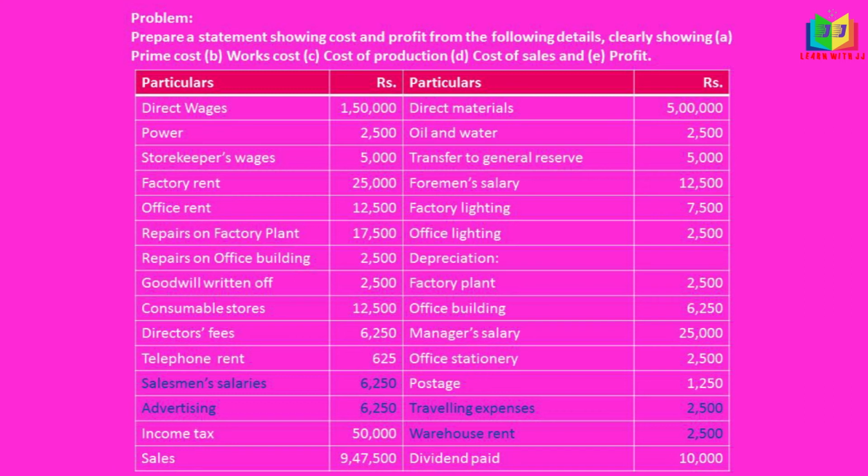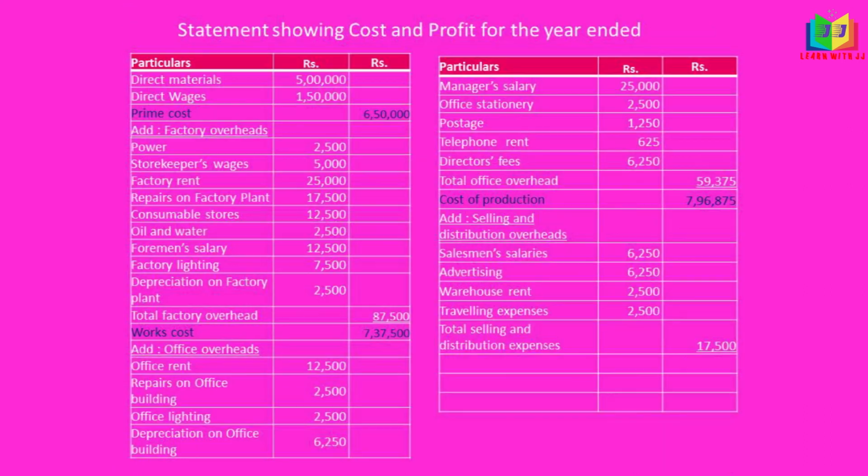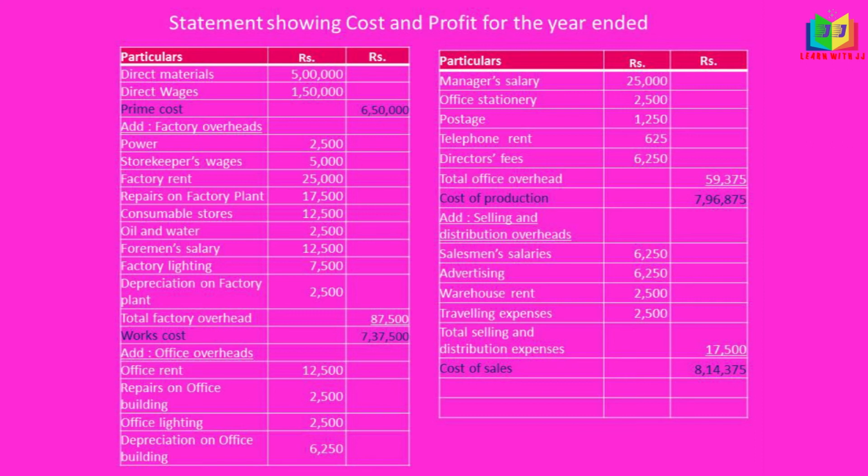Traveling expenses and warehouse rent also appear in the selling and distribution overhead, so I'll write them here. The total of this selling and distribution overhead is 17,500. So cost of production plus this selling and distribution overhead will get 8,14,375. This is the cost of sales.